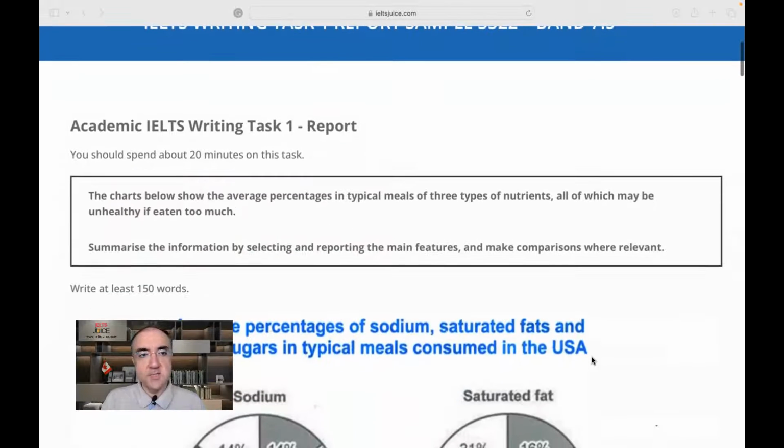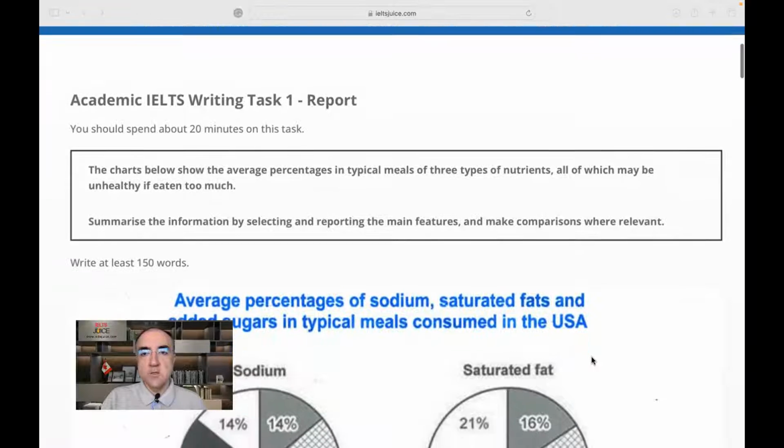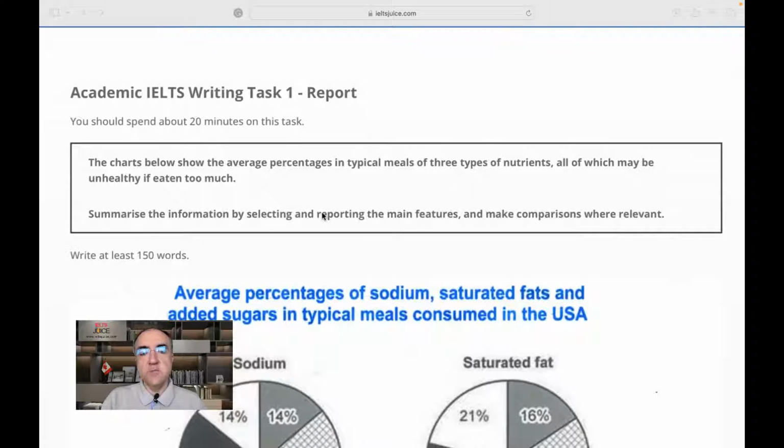So the prompt says, the charts below show the average percentages in typical meals of 3 types of nutrients, all of which may be unhealthy if eaten too much. And the prompt in the academic module always comes with this fixed phrase: summarize the information by selecting and reporting the main features and make comparisons where relevant.